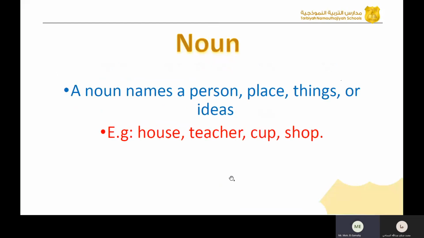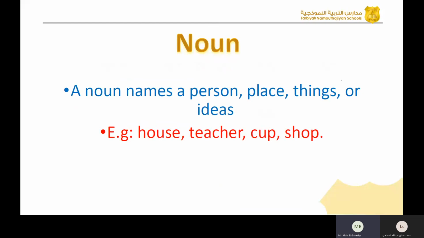The second part of speech that we have is the noun. What is a noun? A noun is a word that names a person, place, thing, or idea. The noun is the name of anything, the name of a person like Ahmed, Ali, Nawaf, Omar, Salwa, any person's name.